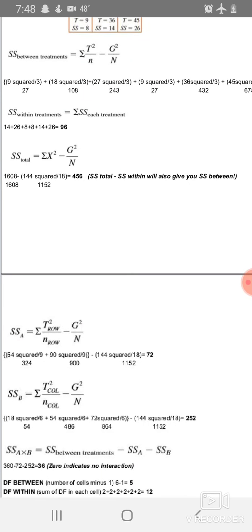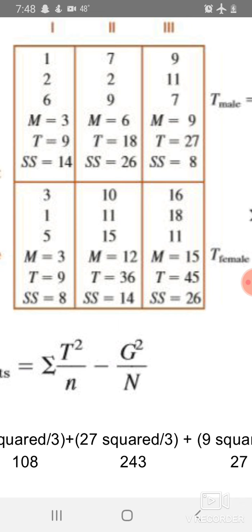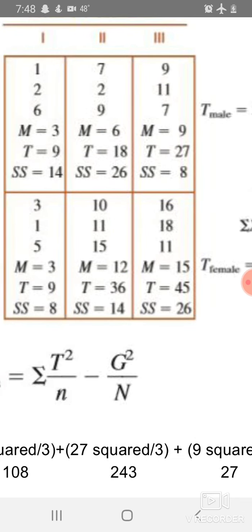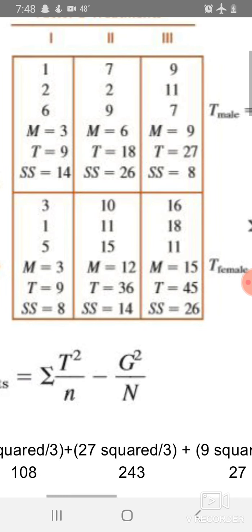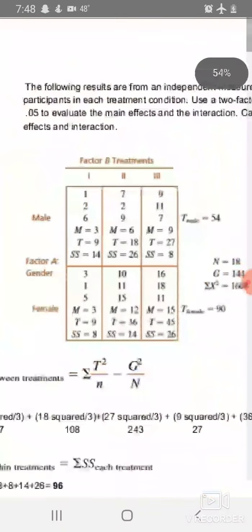The next step is to get SS of A. So you're going to take the T squares of rows divided by n rows. So if you go up here, there are 3 rows. And if you add up all the T's in that row, you will get 54. And the total participants in that row is 9. 3, 6, 9.